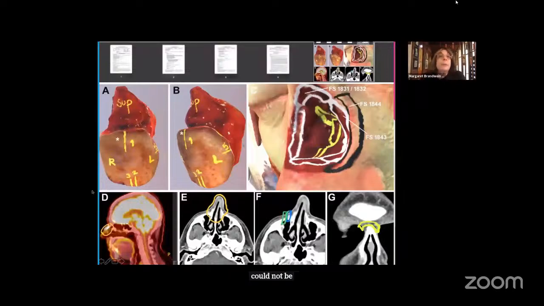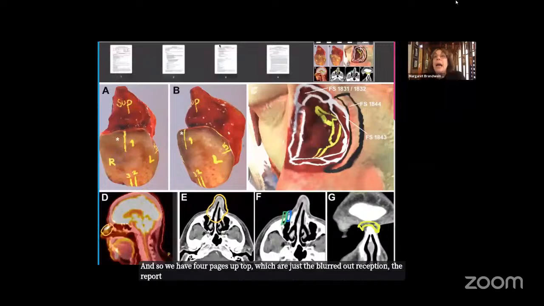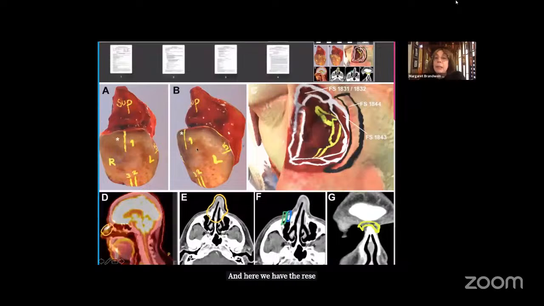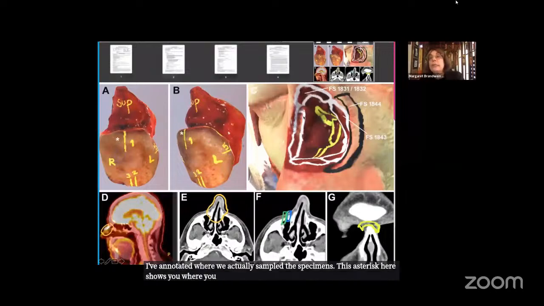Here's another example of that. Here we have 4 pages up top, which are just the blurred out report, the narrative, the CAP. And here we have the resection specimen. This was a nasal specimen. Here I've annotated where I actually sampled the specimen. This asterisk shows you where you have a margin at risk.